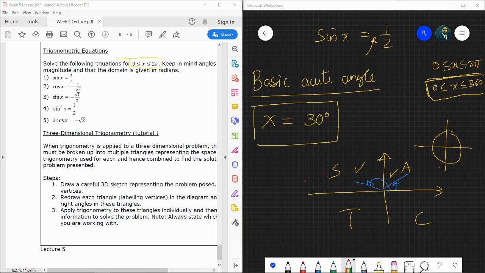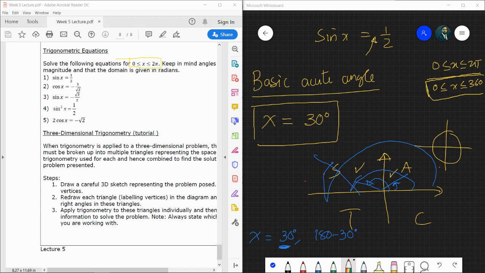So what should the answers be? X should be 30 degrees or 180 minus 30. So that's why this basic acute angle is important. So you have to go 180 and come back 30 in order to be in the second quadrant. Now, our range is up to 360. Can we go beyond?